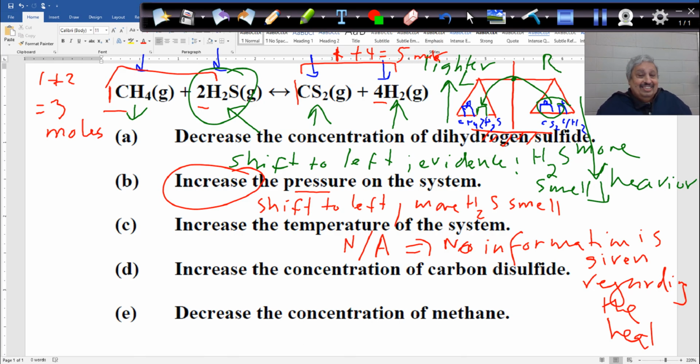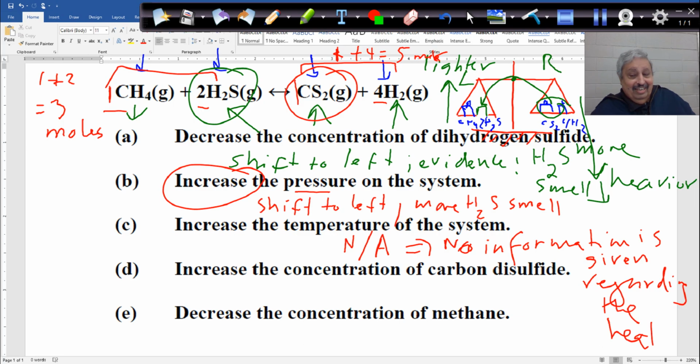The question is which condition will affect the shift to the right? We'll check all of them. Increase the concentration of carbon disulfide. Carbon disulfide is this one here.